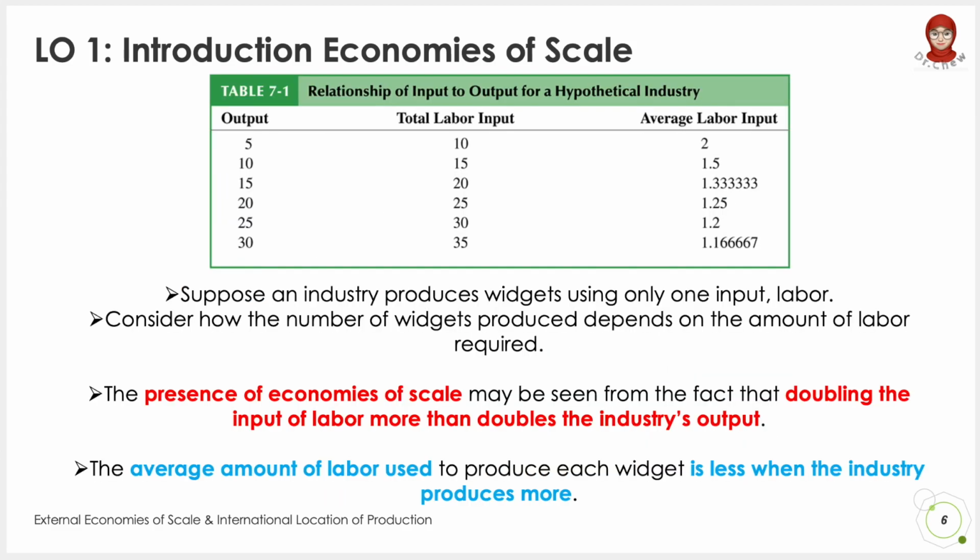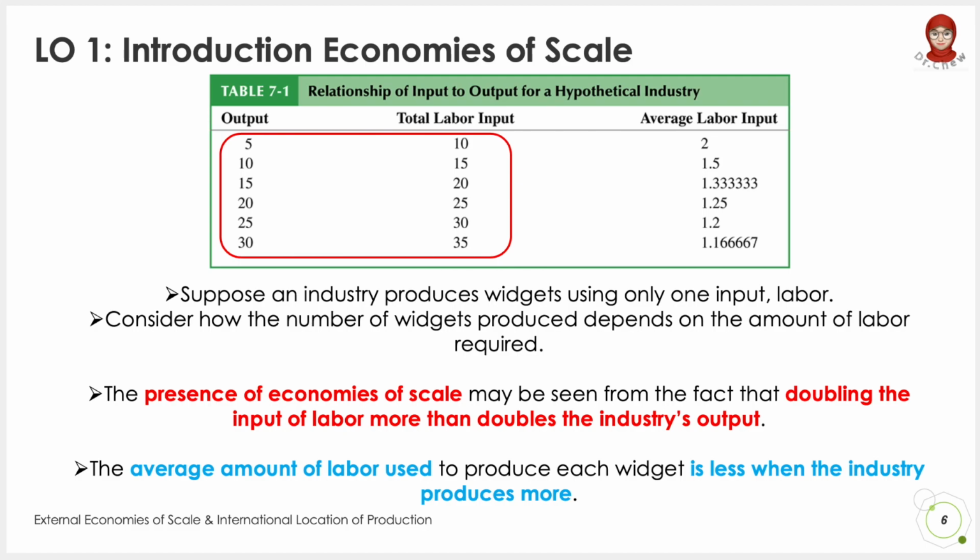A simple example can help convey the significance of economies of scale for international trade. This table shows the relationship between input and output of a hypothetical industry. Widgets are produced using only one input, labor. The table shows how the amount of labor required depends on the number of widgets produced.